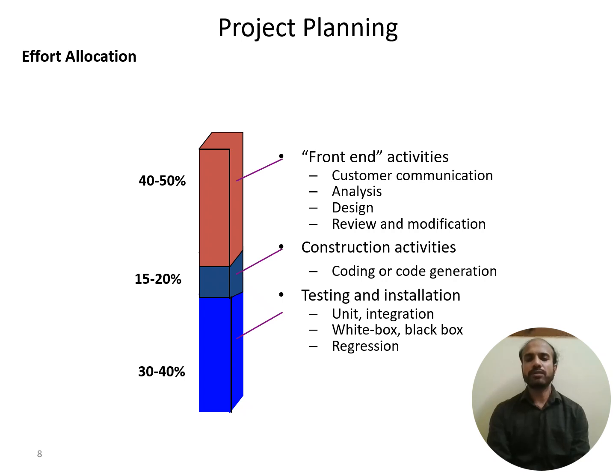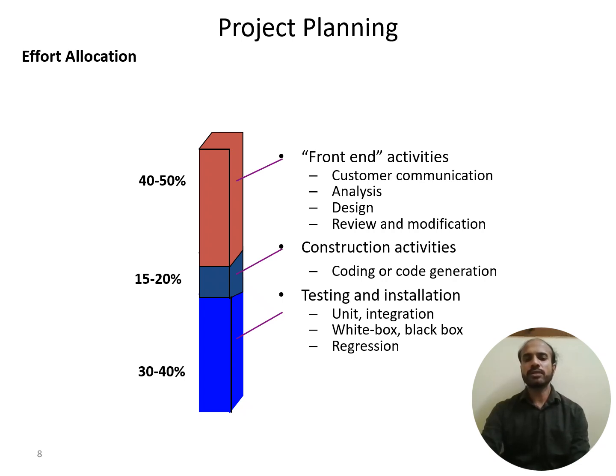So the front end needs to have 40 to 50% because there are activities like customer communication, analysis, design, review, and notification. Then construction activities, wherein coding or code generation needs at least 15 to 20%.